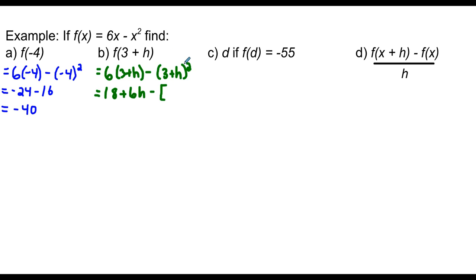The trick for squaring a binomial is to square the first term, multiply them together, so it'll give me 3h and double it, so plus 6h, and then square the last term. Then what I'm going to do is distribute that negative. So minus 9.